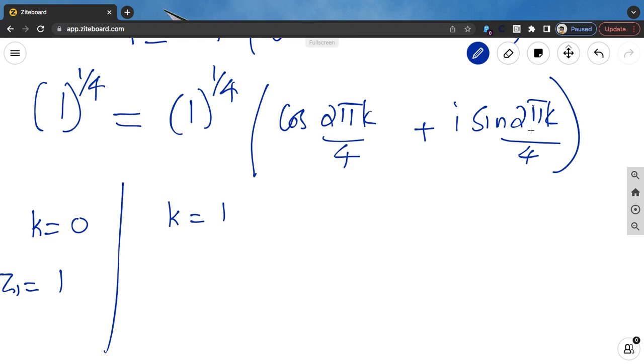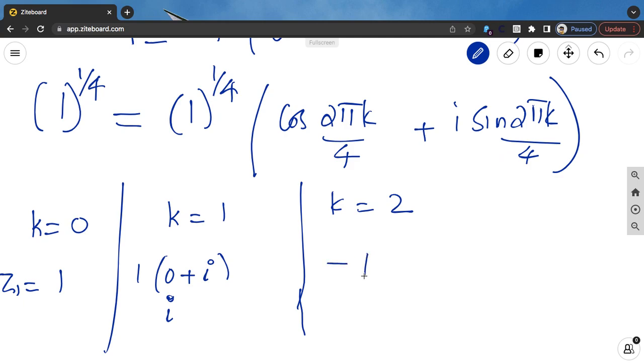Cos of pi by 2 is 0, and so I get 1 times 0 plus I, which is I. For k equal to 2, I get cos of pi plus I sine of pi, so I get minus 1. If I put k as 3, I get minus I, because I get 3 pi by 2. Cos of 3 pi by 2 is 0 and sine of 3 pi by 2 is minus 1. So I get minus I.